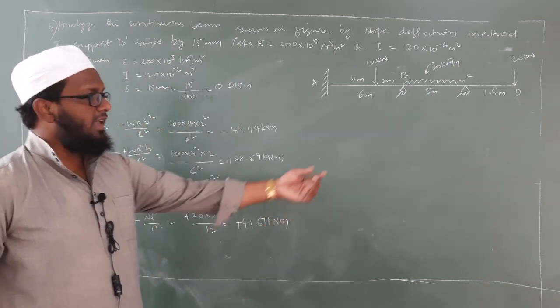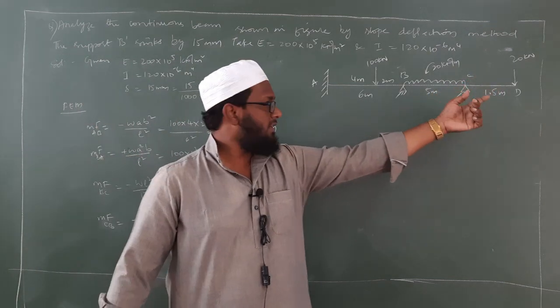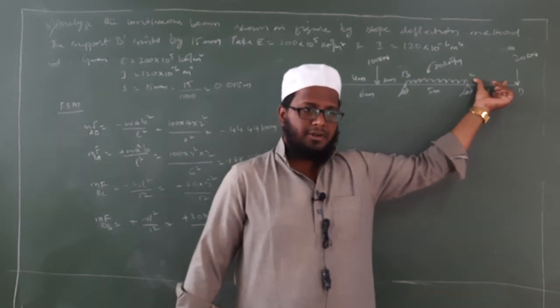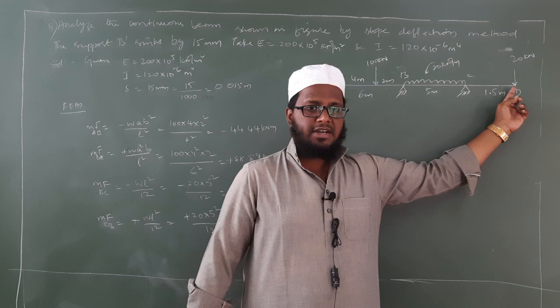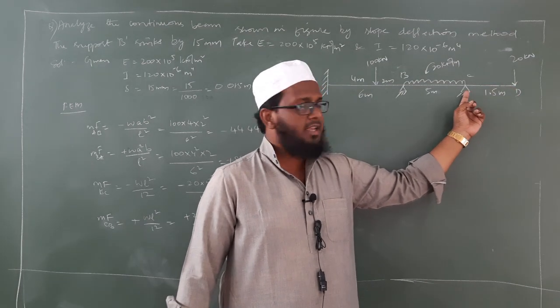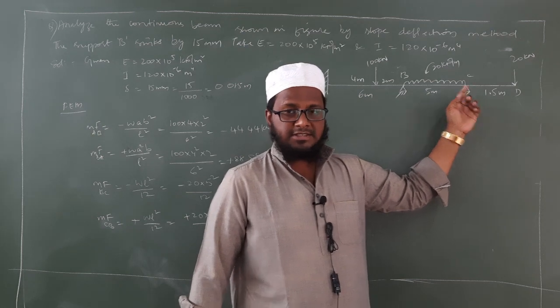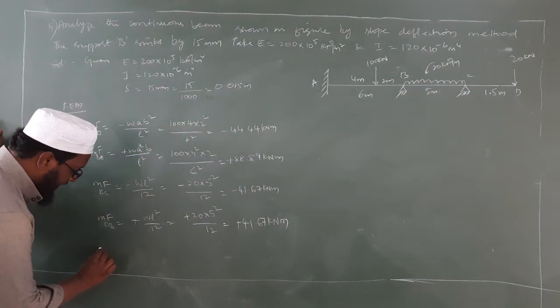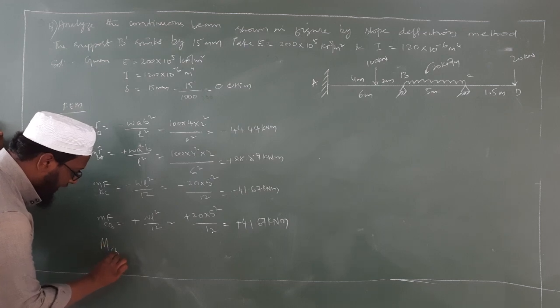Now here you see, as we have discussed in the previous class, once you get a cantilever portion, we do not have any moment at D. Free end, there is no moment. What about at C? We will be having moment. That is the final moment, that is MCD. I don't write here MFCD, I will write here directly MCD.